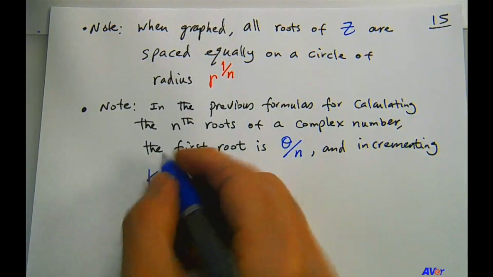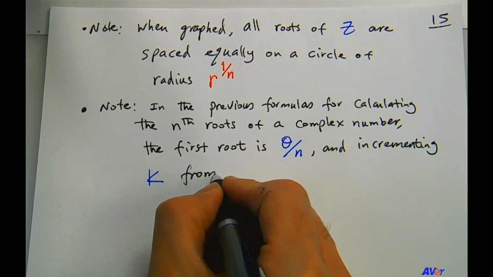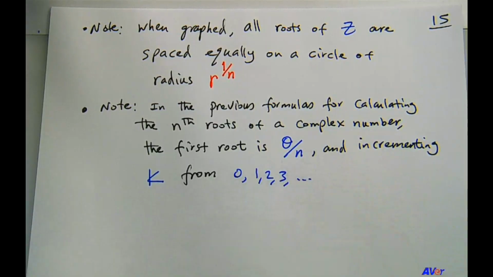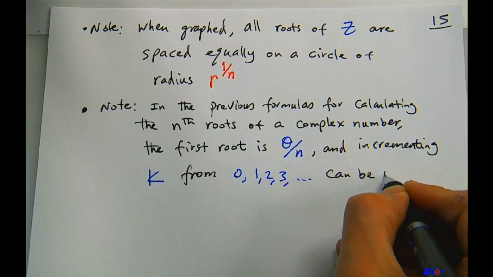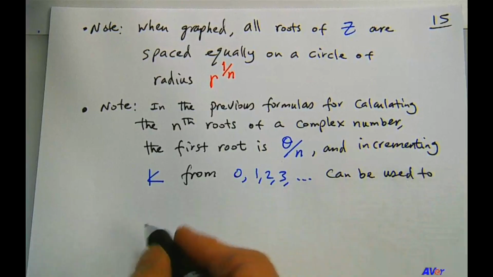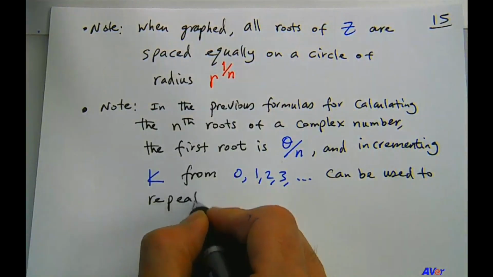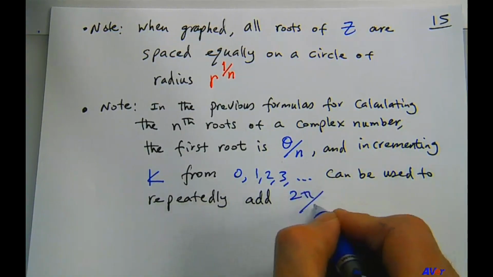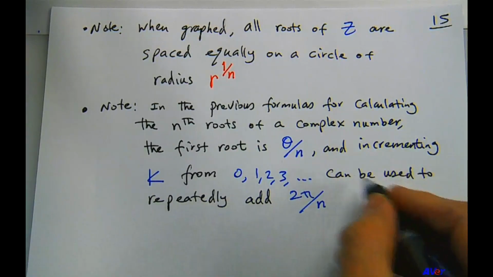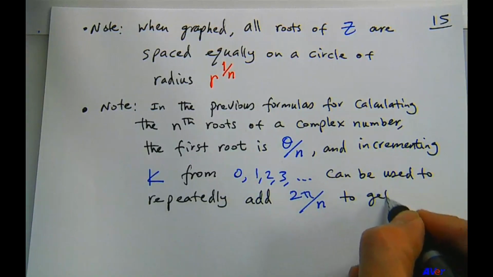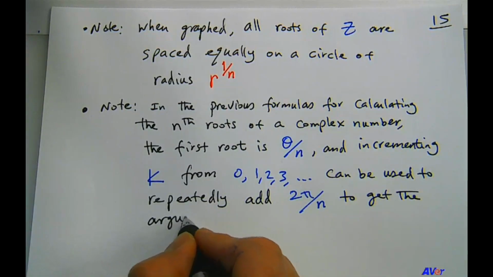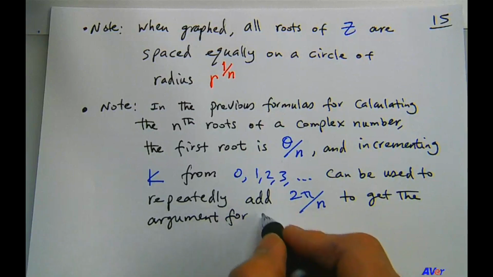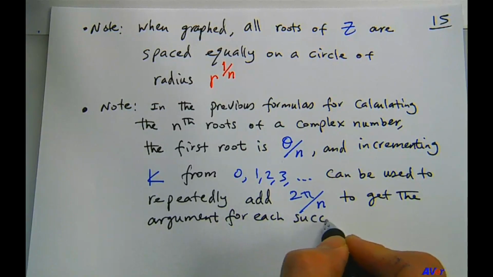incrementing k from 0, 1, 2, 3, and so on, can be used to repeatedly add 2 pi over n to get the argument for each of the successive roots.